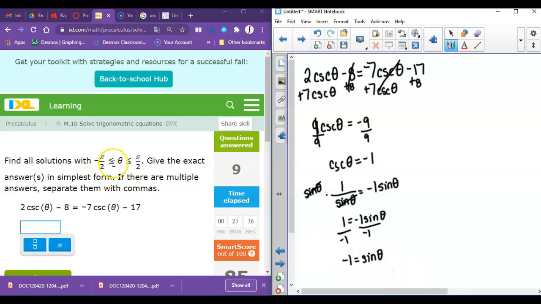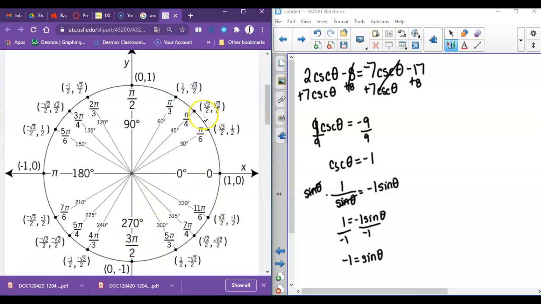We're looking from negative pi over 2 to pi over 2. So on our unit circle, sine is going to equal negative 1 right here, at your y-coordinate. We see again here it's 3 pi over 2, but 3 pi over 2 is not between negative pi over 2 and pi over 2.